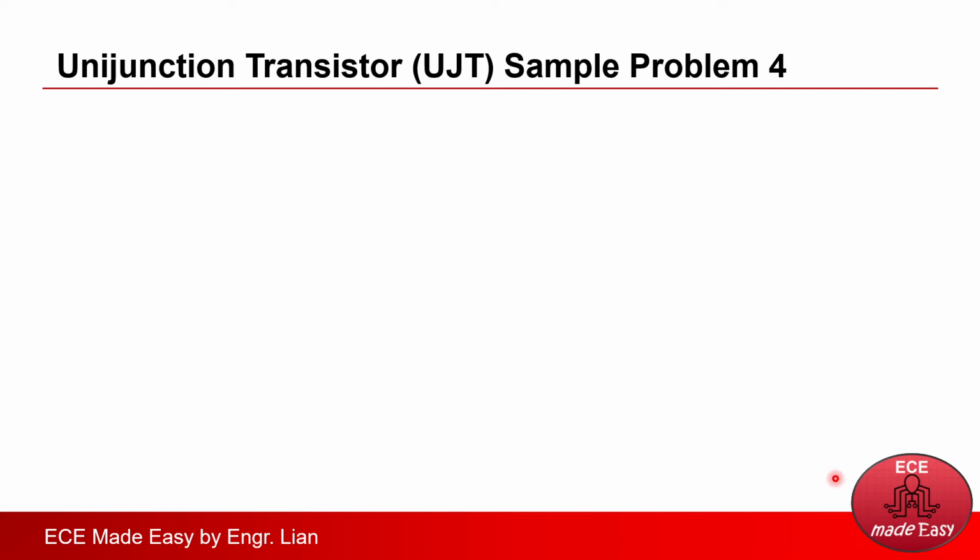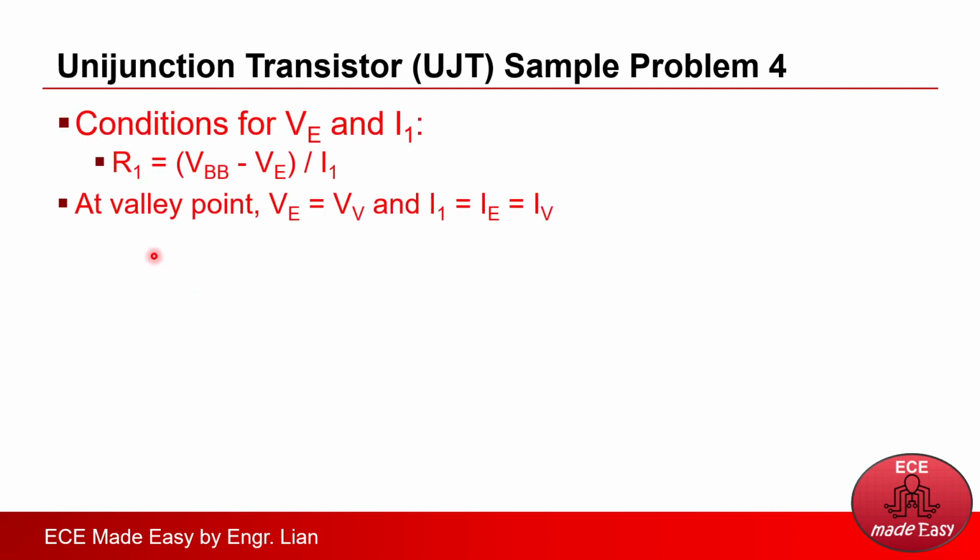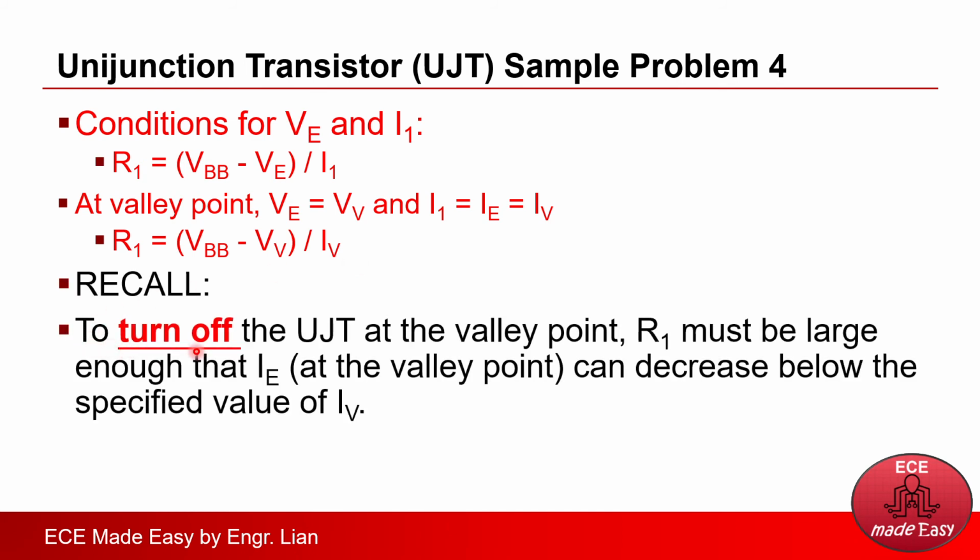Next, for the condition at the valley point, VE equals VV and I1 or IE is equal to IV. Substituting those values, R1 becomes VBB minus VV over IV. Recall the concept: to turn off the UJT at the valley point, R1 must be large enough that IE can decrease below the specified value of IV.